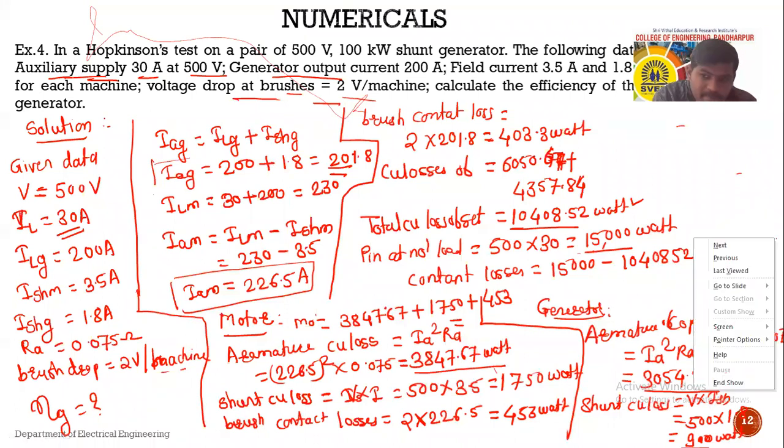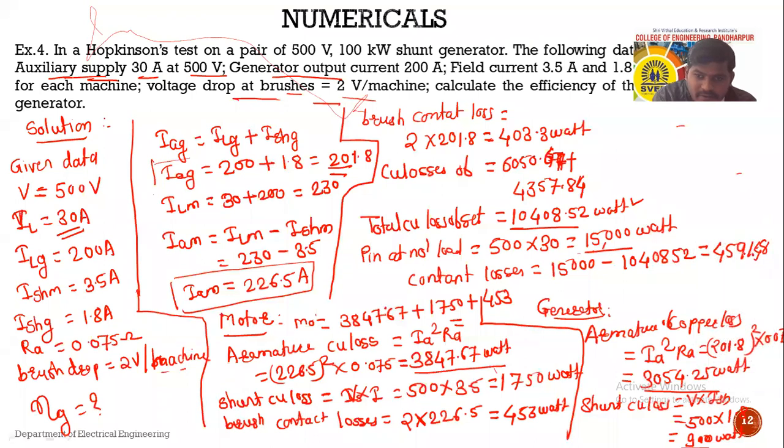So this is the constant losses of the set, म्हणजे जो काही जनरेटर मोटर सेट आहे त्याचे हे कॉन्स्टंट लॉसेस आहेत.